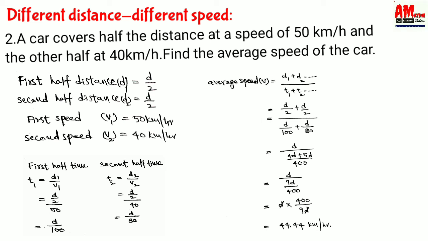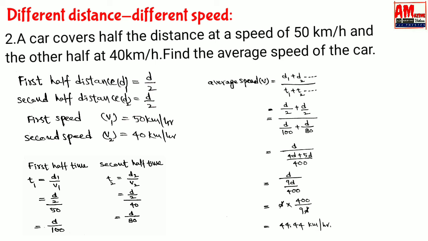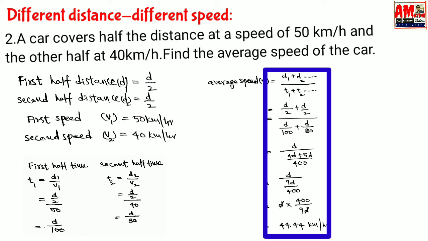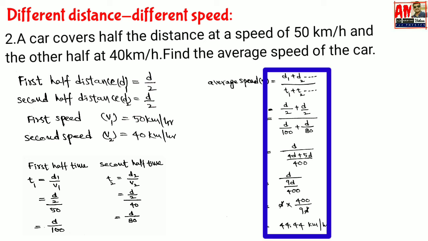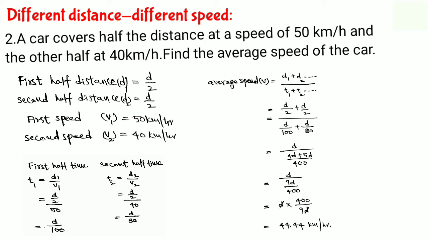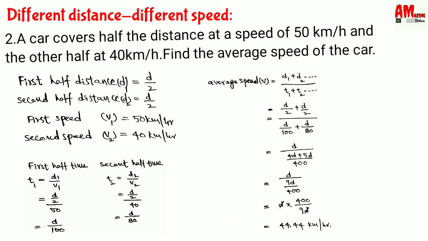If you simplify the equation, d by 9d by 400 is equal to d into 400 by 9d. If you cancel d and d, we get 400 by 9, that is equal to 44.44 km per hour. Average speed is equal to 44.44 km per hour.